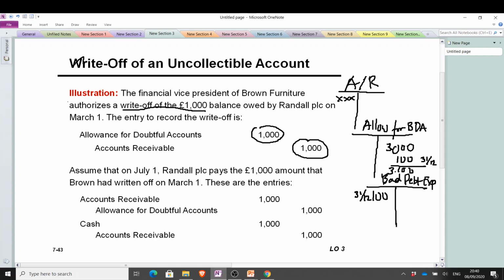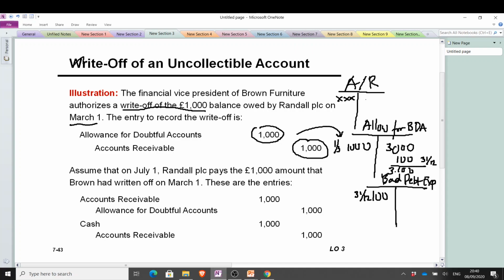Let's say this here is in March, so the write-off is 1,000. To write it off, we do not need to record bad debt expense anymore, but we go to the allowance for bad debt as of March 1 and debit 1,000.